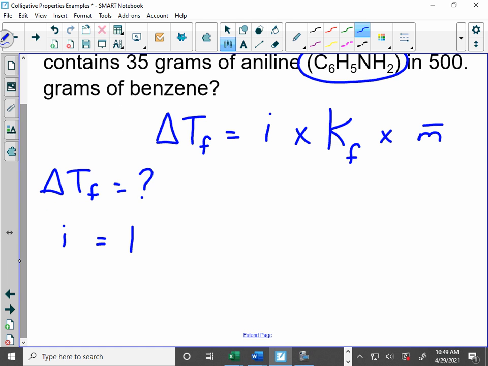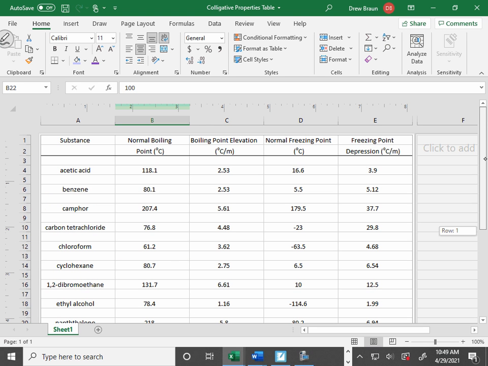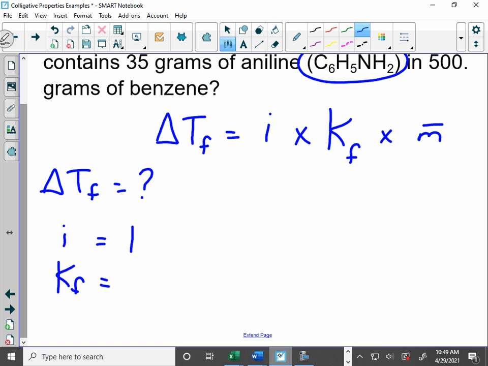My K of the freezing point. Now I go back to my chart. Here's my chart. I've got to go back up because I'm looking for my freezing point depression constant of benzene. And I can see that this value is right there, 5.12. Now, ladies and gentlemen, here's a catch.